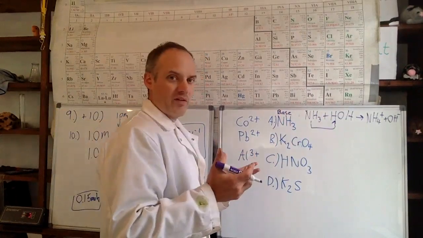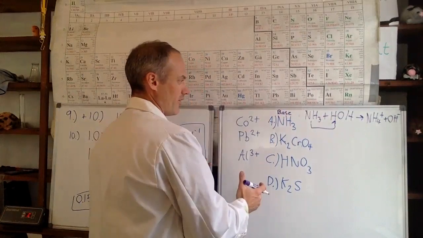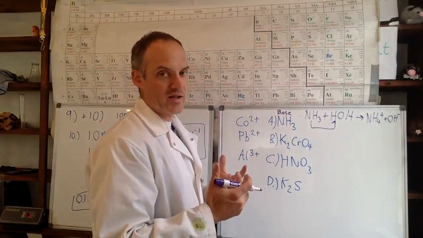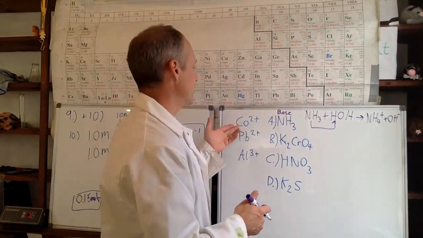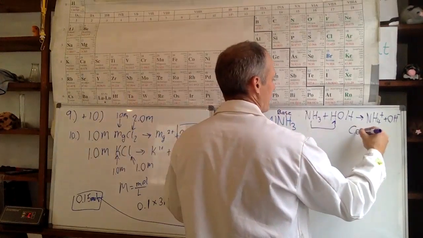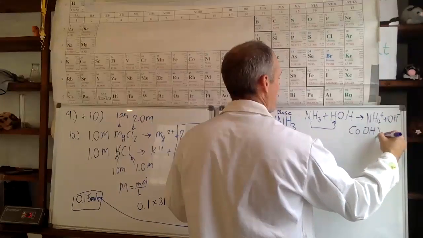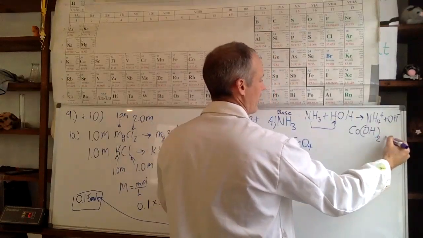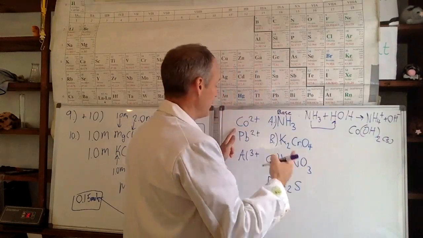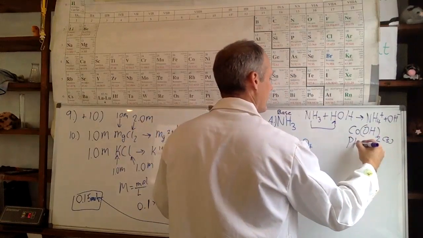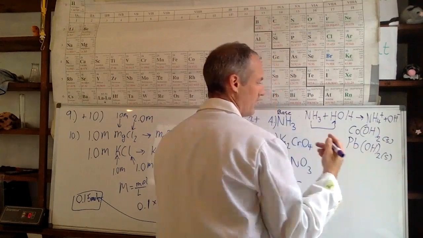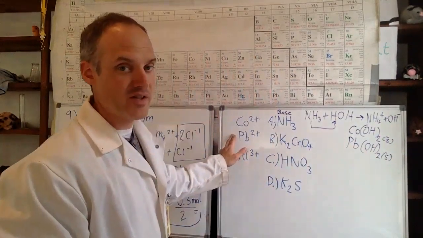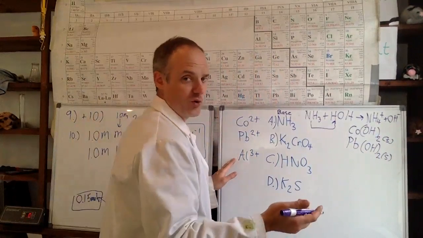So what does that mean? Well, with all of these, because they're not strong bases, they can't make strong bases. So the cobalt will make cobalt hydroxide, which is a solid. That's a reaction. The lead will make lead hydroxide, which is a solid. Again, you see that as a reaction. And the aluminum would do the same thing.